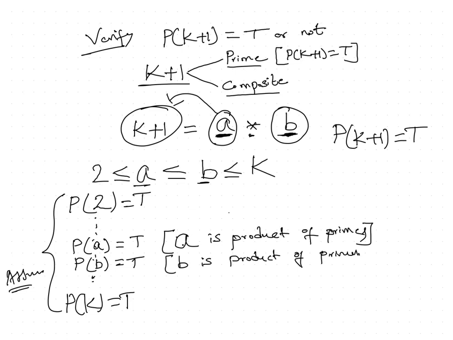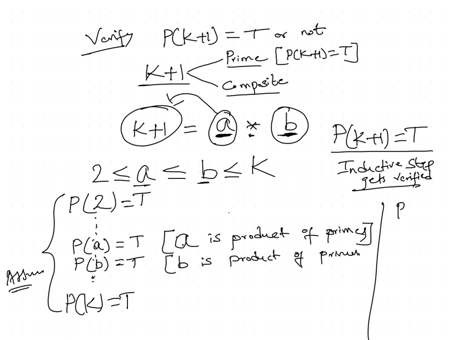Yes. So once P of k plus 1 is equal to true, the inductive step gets verified. Once the inductive step gets verified, automatically what happens? P of n becomes true.